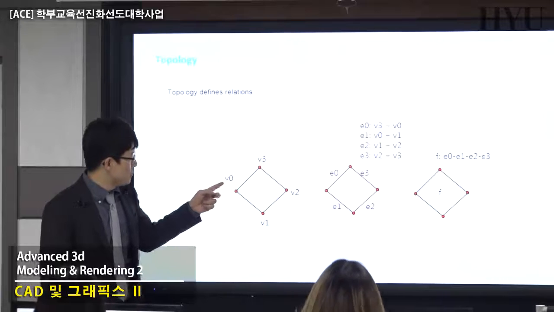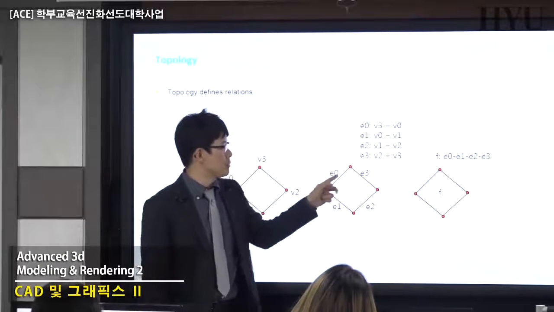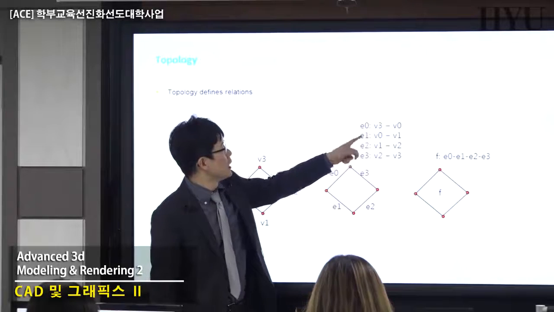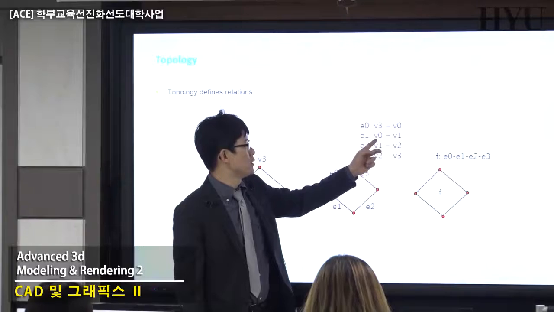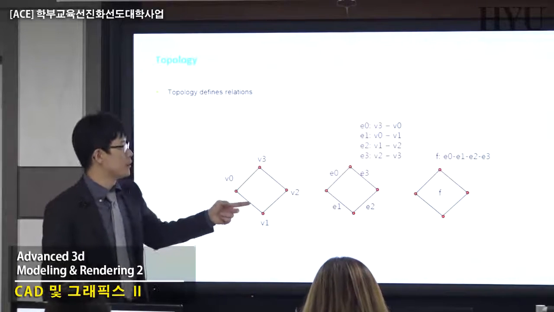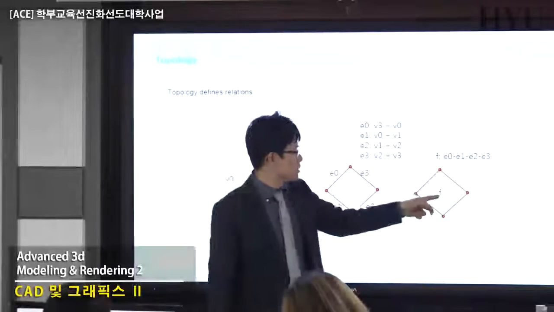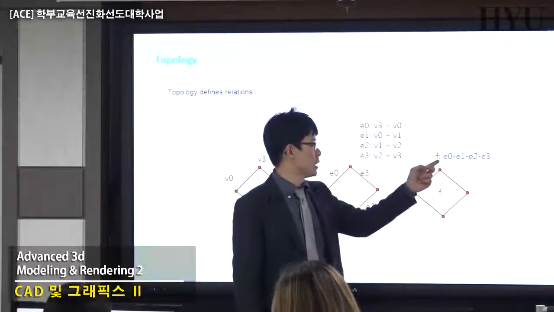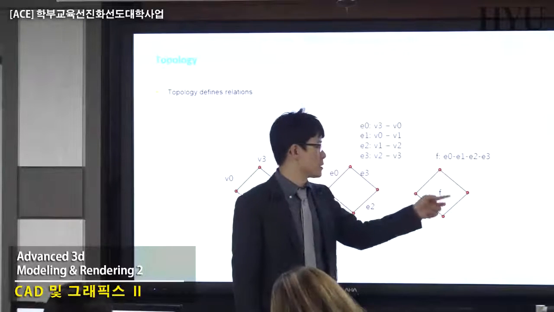By using 4 different vertices and their relationships, edge 1 is the connection between vertex 0 and vertex 1. That is edge 1. And one single face is going to be composed of this kind of series of connections, okay? A series of edges.